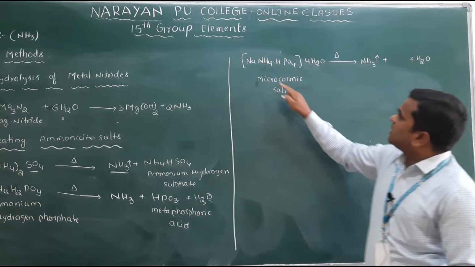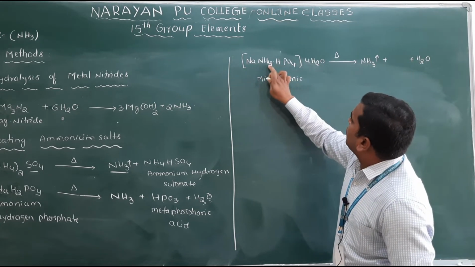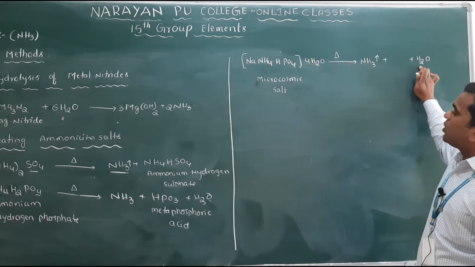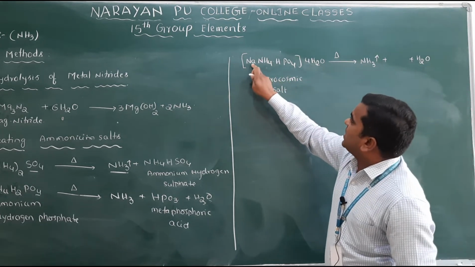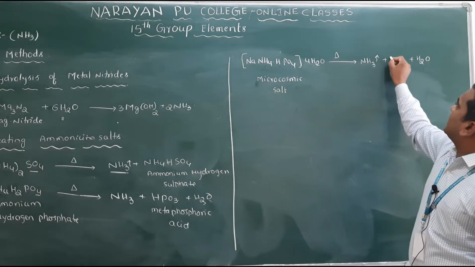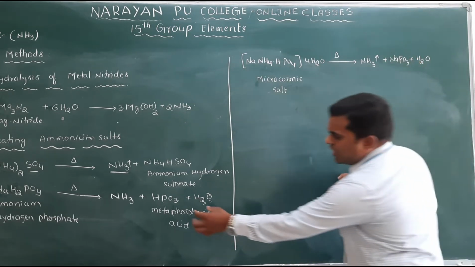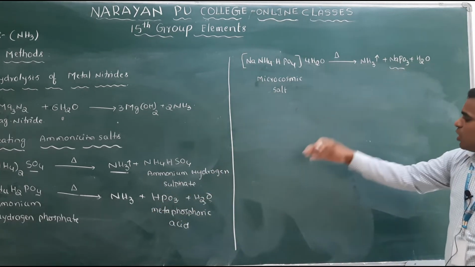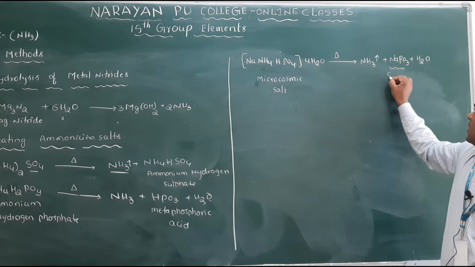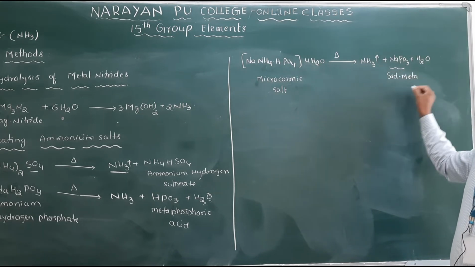Then what is left? 3 hydrogens we have written and here total 5 hydrogens are there. 3 I have written and 2 I have used here. Totally 5. So no hydrogen is left here. Then what is there? Sodium and PO3. That we will call NaPO3. So HPO3, now NaPO3. What is this? Sodium metaphosphate. It is a salt. Clear? Sodium metaphosphate.